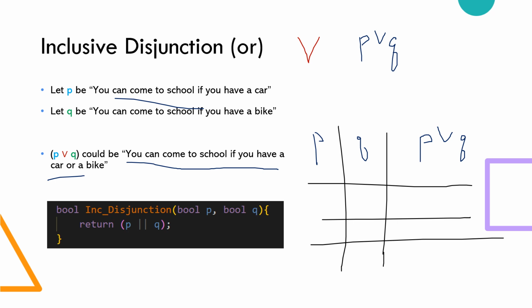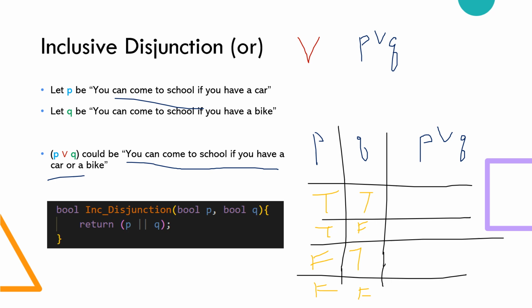Okay, so as said before, the scenarios are: both true, true false, false true, and false false. Let's say you have both a car and a bike.